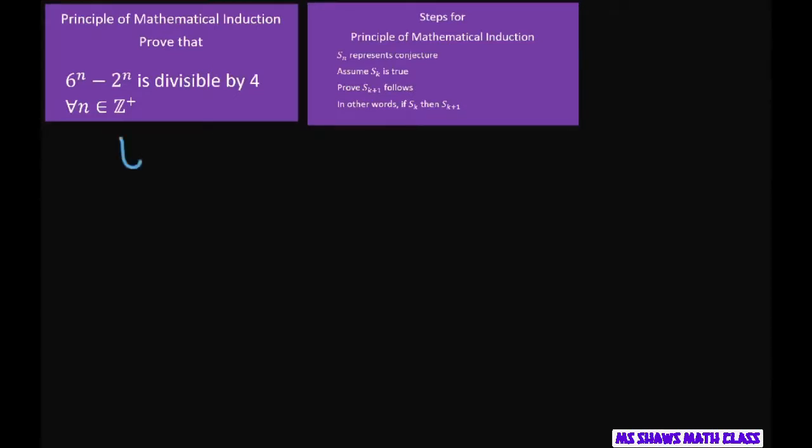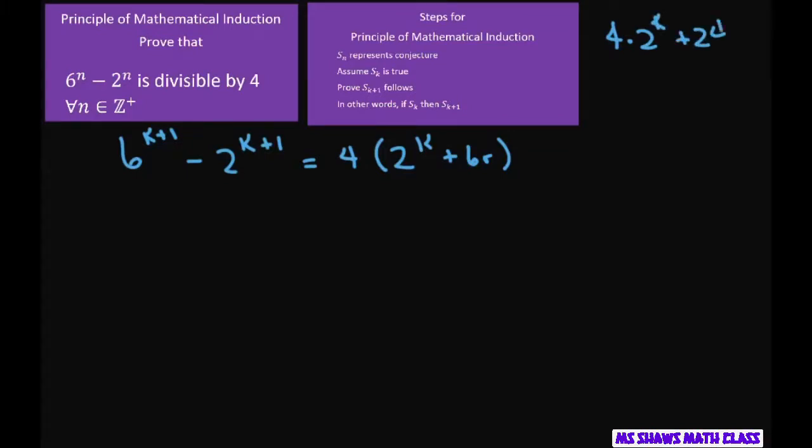So we have 6 to the k plus 1 minus 2 to the k plus 1 equals, now factor out a 4 and you're going to get 2 to the k plus 6r. And recall that we had, this was really 4 times 2 to the k power plus 24r. So I just factored out the 4 out of that.